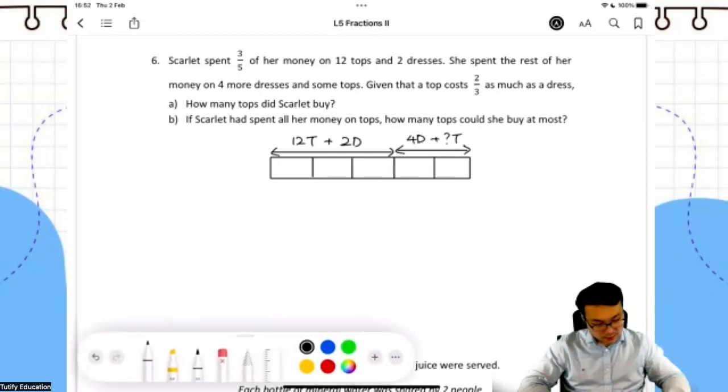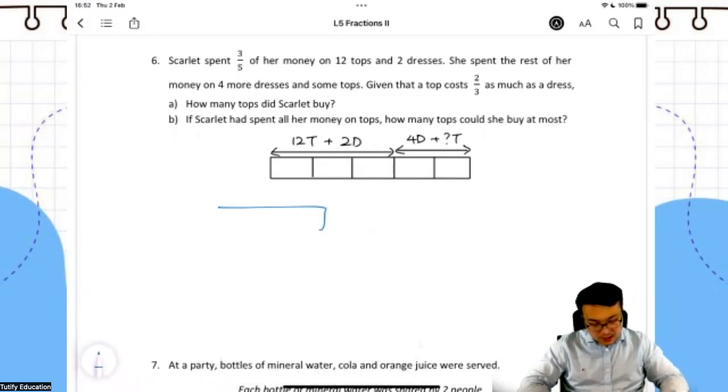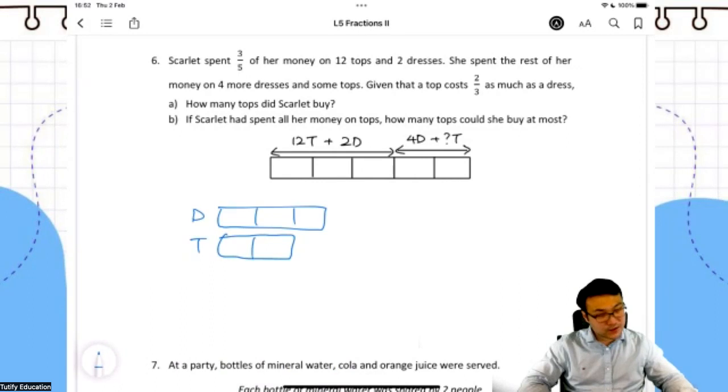Okay, we have to draw this, okay? This is a dress. And how much is a top? A top is actually 2 out of 3, 2 out of 3 of a dress. So when you compare them, it looks like this.